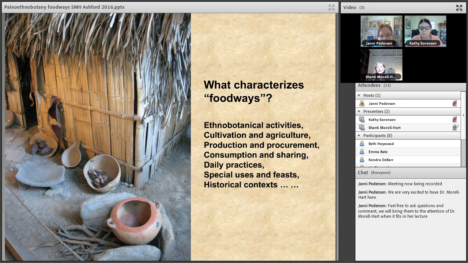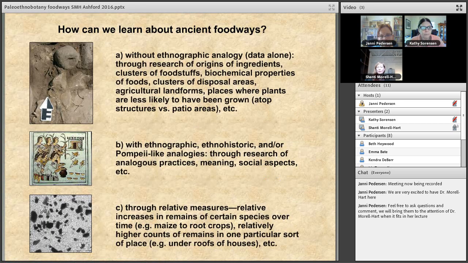So a lot of rich narratives surrounding plants in different ways. We can learn about ancient foodways, and specifically those that have to do with plants, in a couple of different ways. If we don't make use of ethnographic analogy, that is, if we're not making use of understandings about the present to get at the past, and we look at just the data alone, there are a couple of different things that we can do.